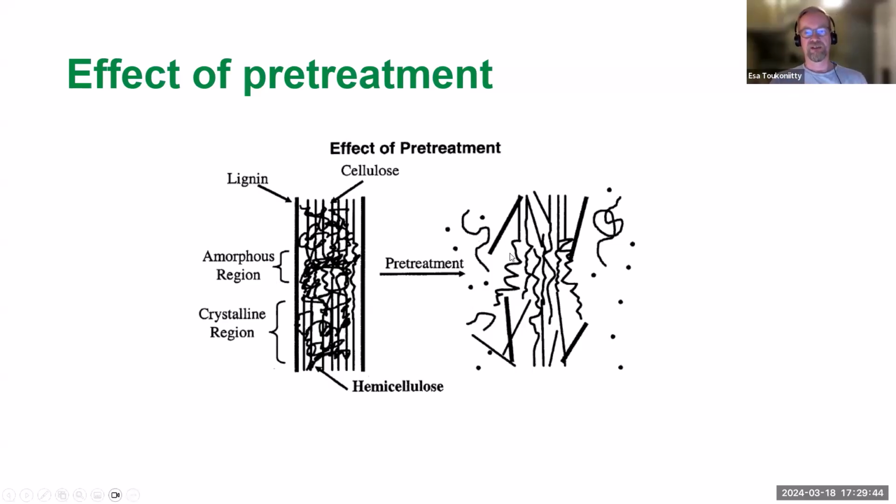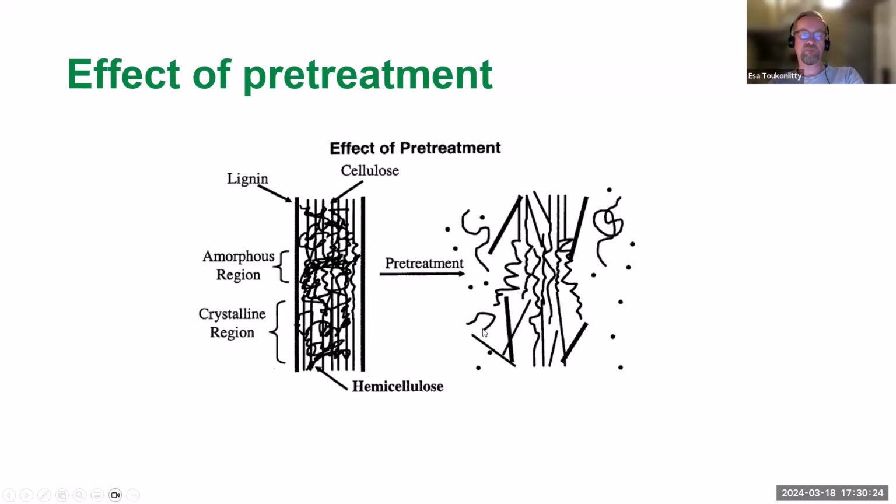And the pre-treatment breaks the structure, not totally, but like the picture illustrates. So it opens up the structure, maybe separates some components partly from each other. What happens is that when this pre-treated material goes to the hydrolysis, the hydrolysis chemicals can access these different components more easily and separate or break them further.